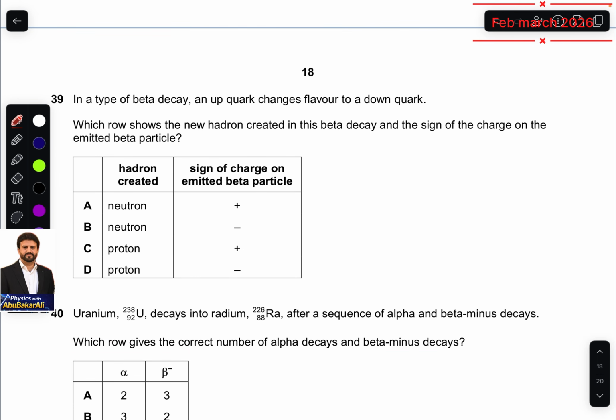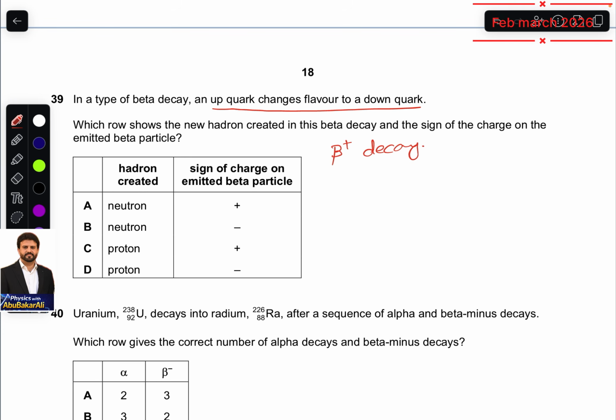Question 39. In a type of beta decay, an up quark changes flavor to a down quark. Which row shows the new hadron created in this beta decay and the sign of the charge on the emitted beta particle? What they are saying is that an up quark changes into a down quark. When this happens, the first thing to keep in mind is that it is beta positive decay.